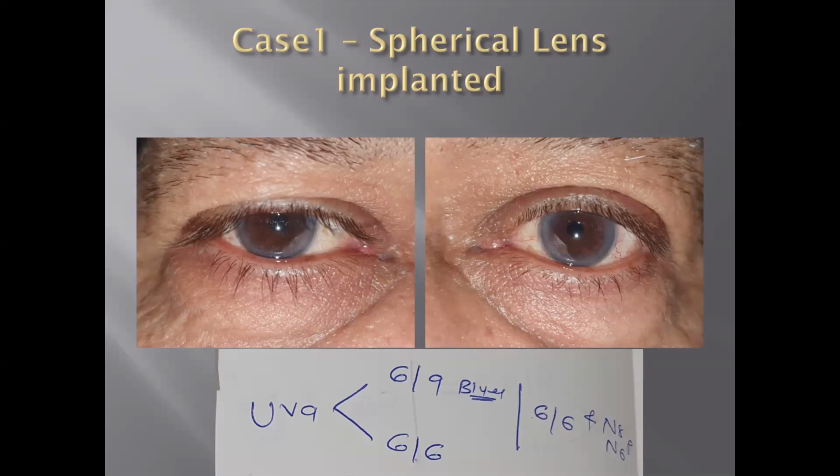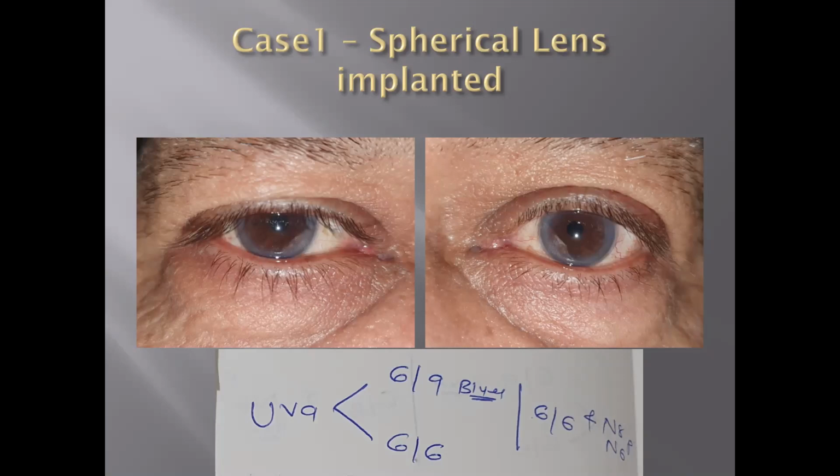This eye was operated 5 years back, while the left eye was operated just 1.5 months back. Now you can see the right eye has adjusted and the lid position has come down to correct a certain amount of refractive error, and that will give good clarity of vision in that particular eye. So the patient is trying to adjust it.